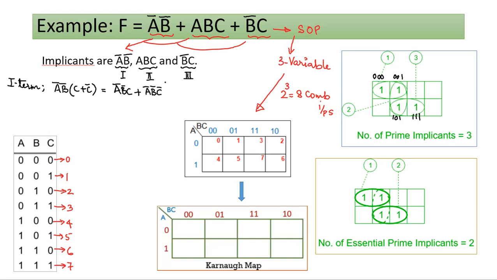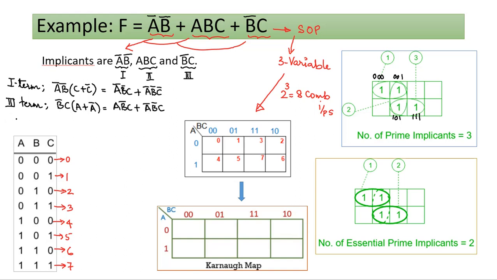The second term has all the variables of the function, so we'll leave it as it is, and the third term will be B bar C into A plus A bar, which is equal to A B bar C plus A bar B bar C.